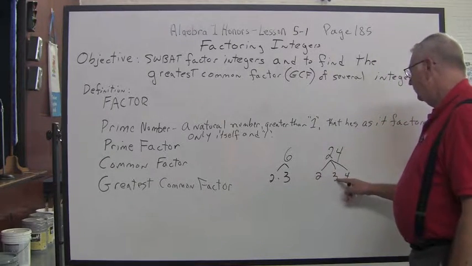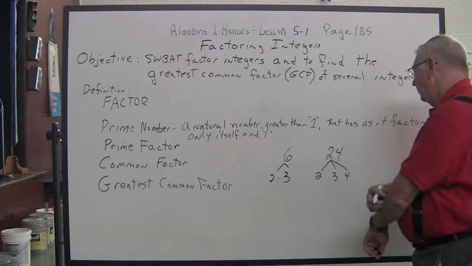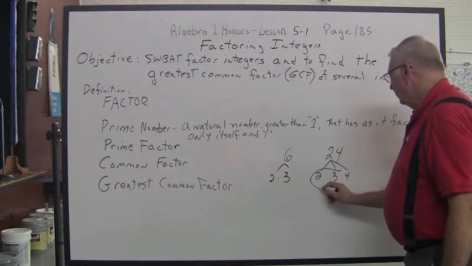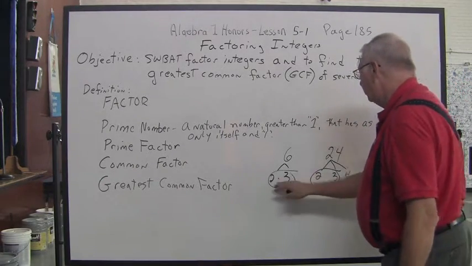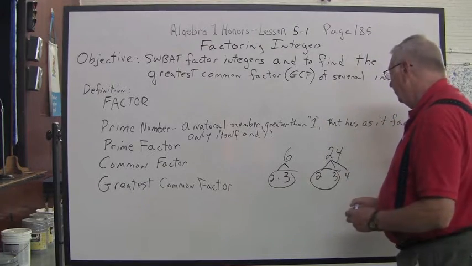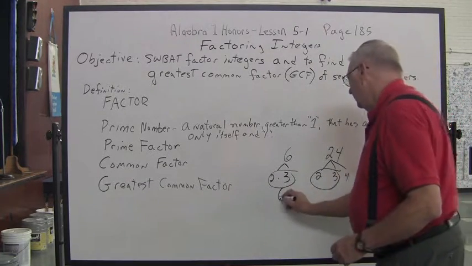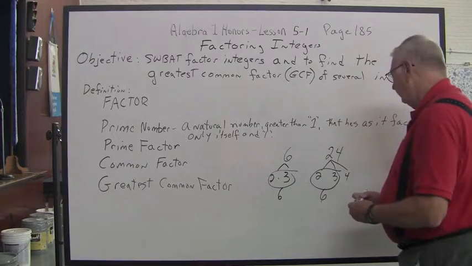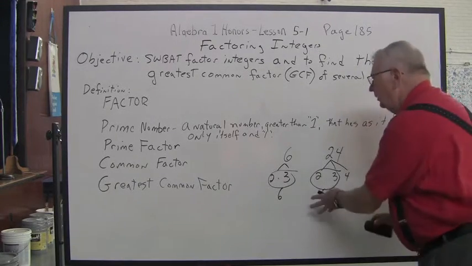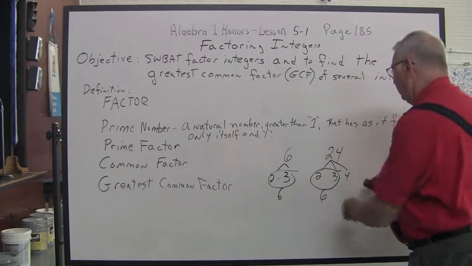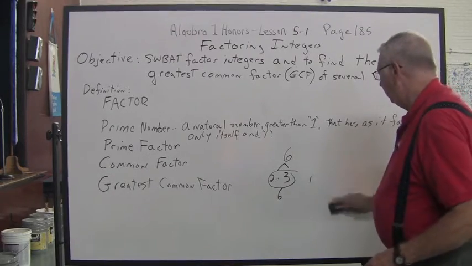So 2 times 3 is 6. 6 times 4 would be 24. So the greatest common factor between the two of them would be 6. We're not looking at prime factors here, we're just looking at common factors.